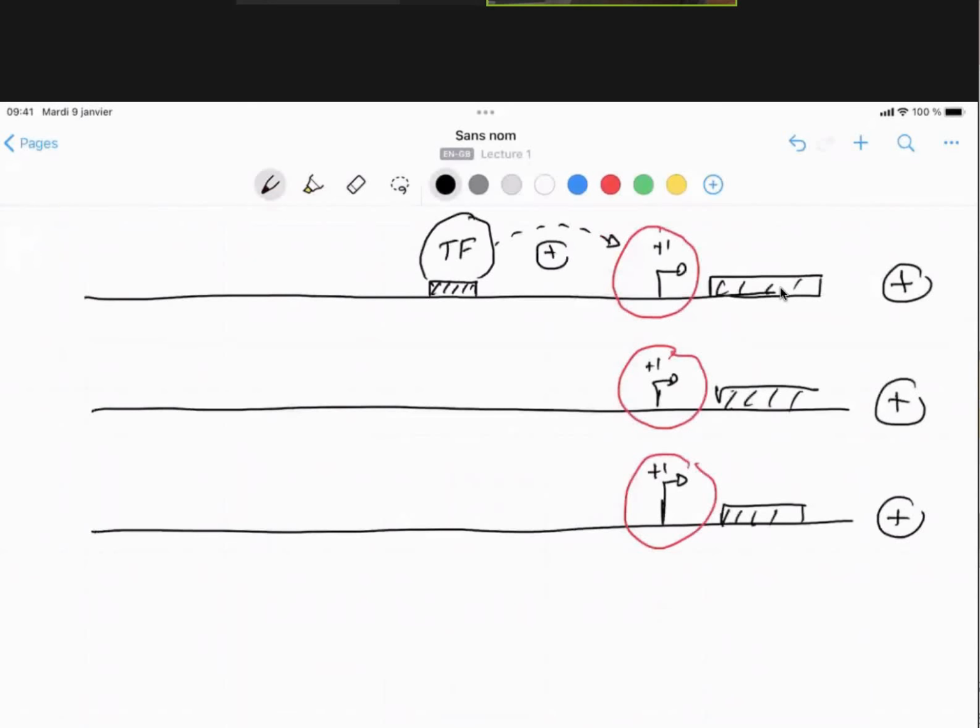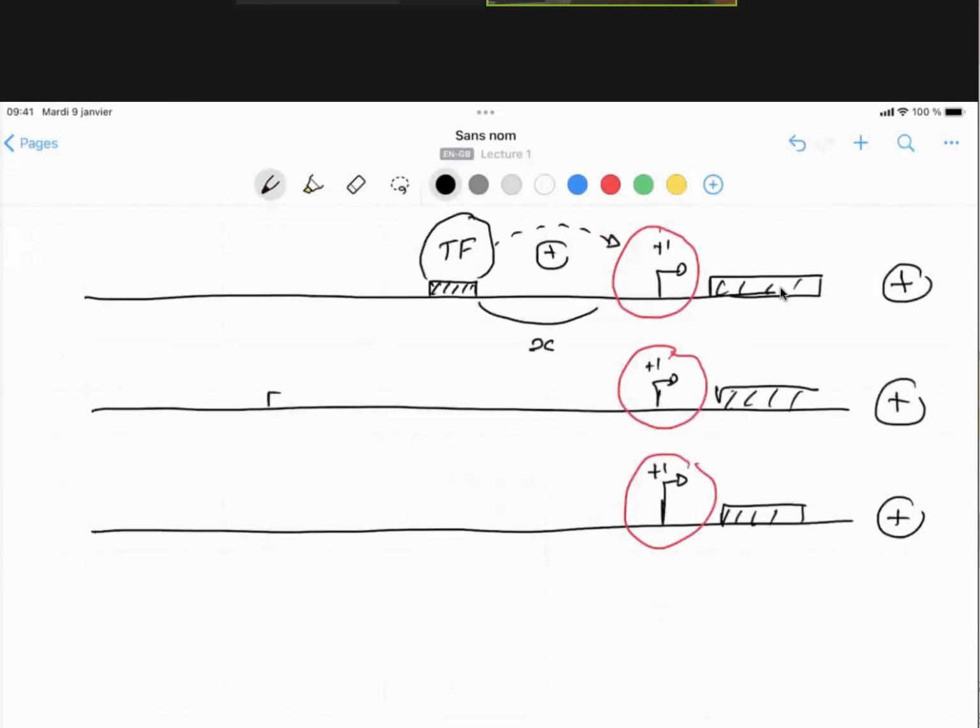All right? Do you follow me? Yes or no? Yes. Okay. You can play, and I will show you real experimental data after. Let's say the distance between peak and TF is X.